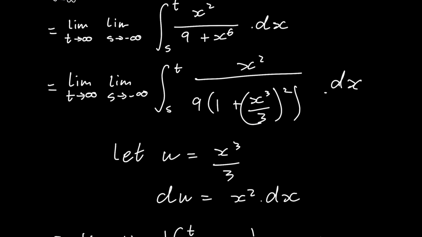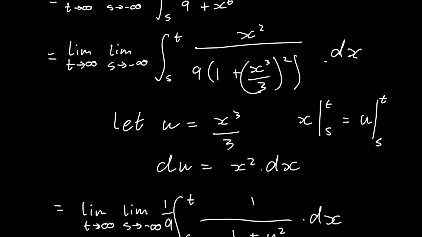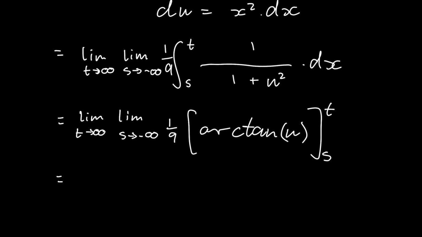But you'll notice that if we substitute s into u, we get s cubed over 3, and the limit as s approaches negative infinity of s cubed over 3 is still negative infinity. So that remains as s, and t remains as t. So it's okay for us to leave these limits of integration as they are.